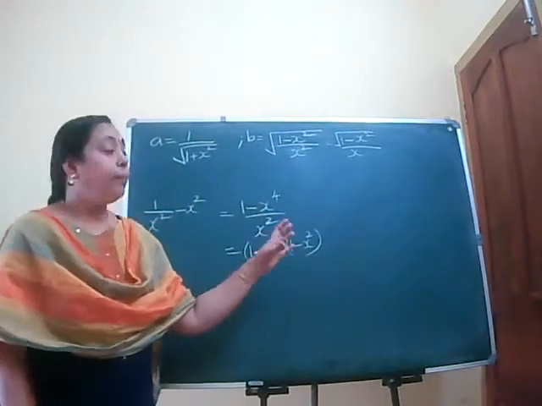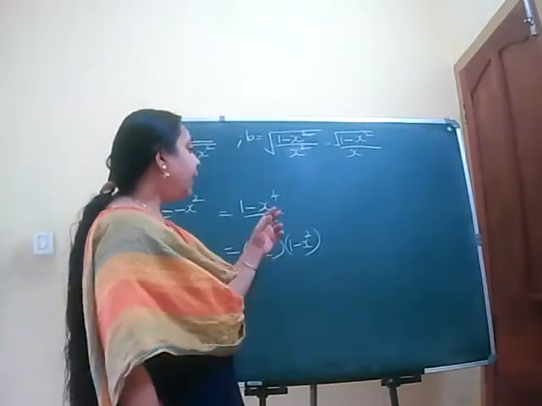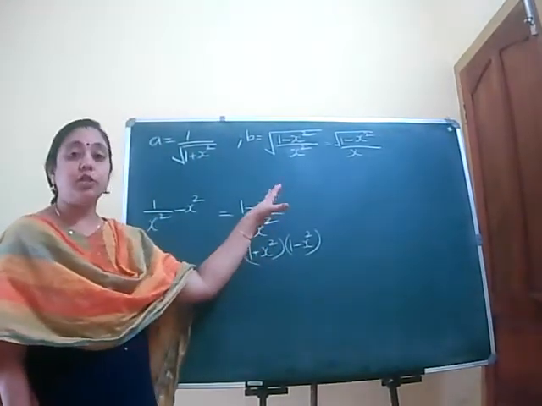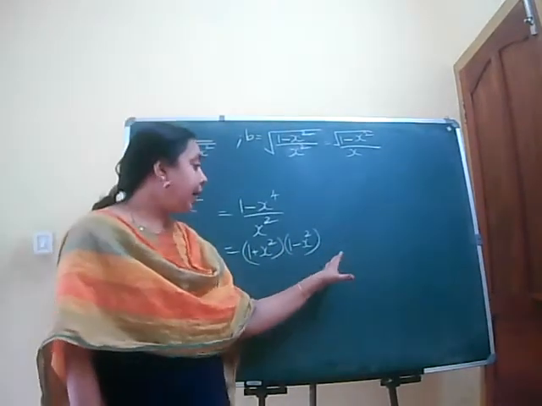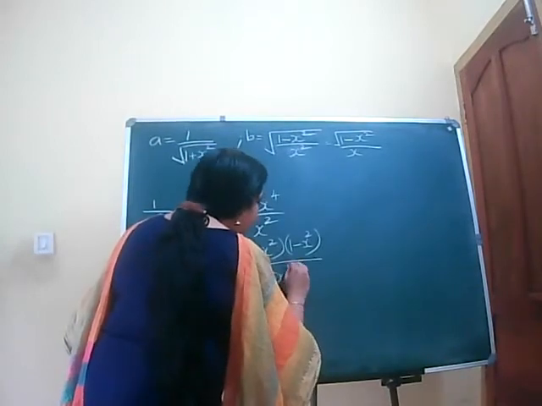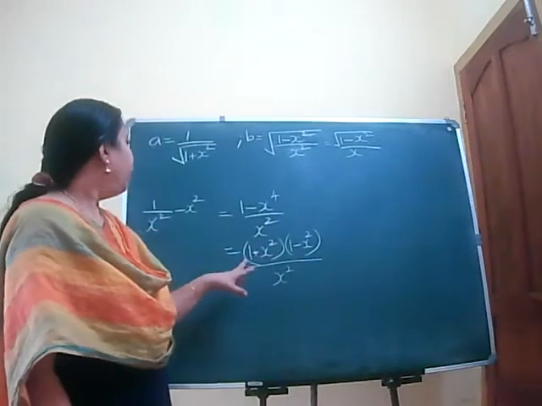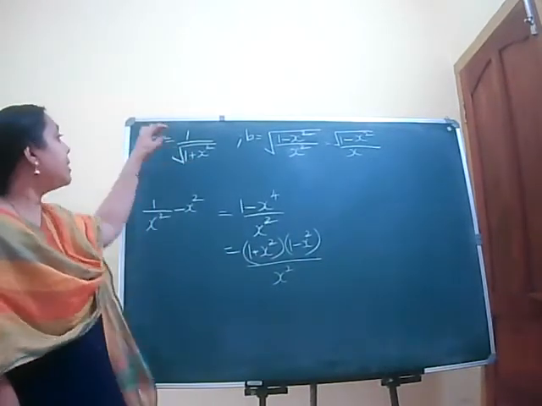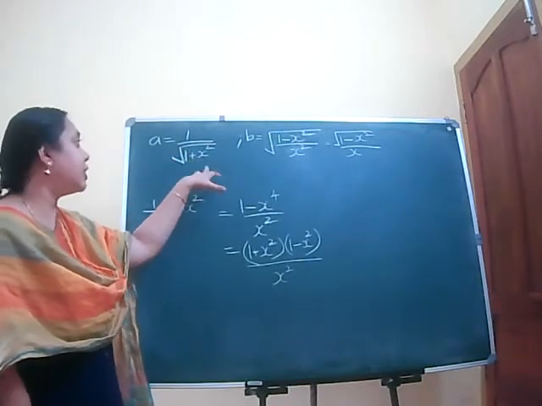Just apply a square minus b square: the numerator 1 minus x raised to 4 becomes 1 plus x square into 1 minus x square, and the denominator is x square.